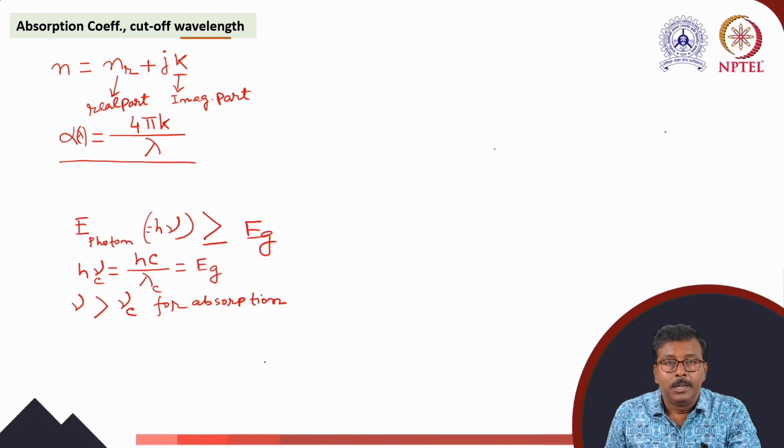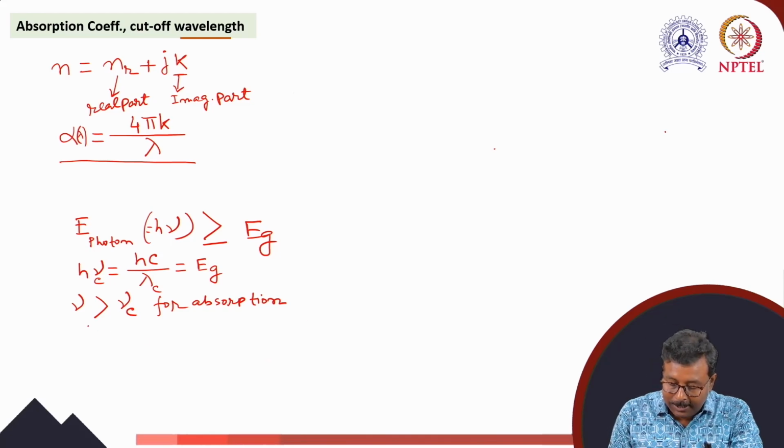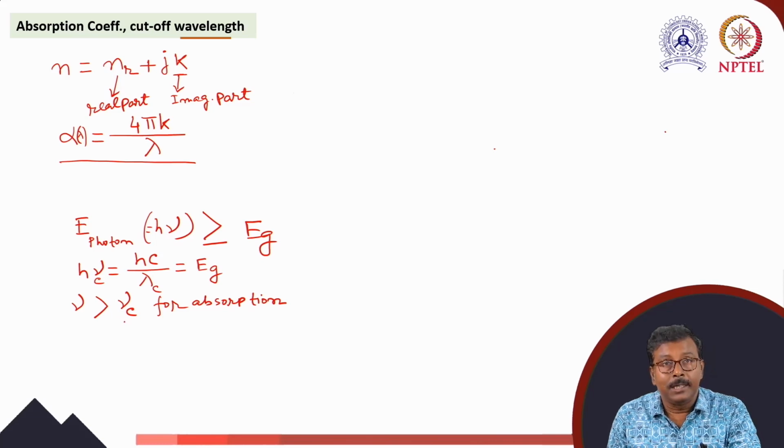We know glass is transparent, but silicon looks like black. Why? We have discussed that nu must be greater than the critical frequency for absorption.